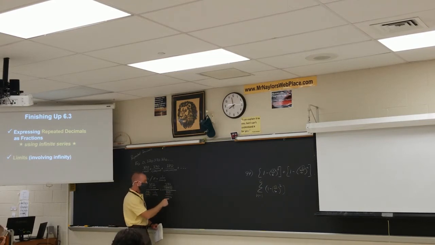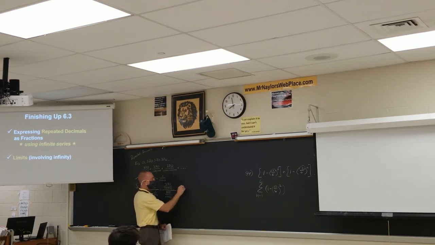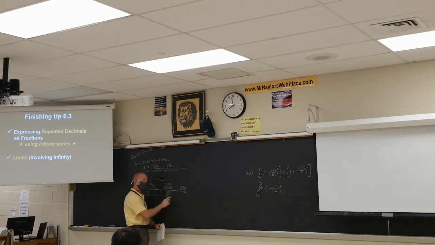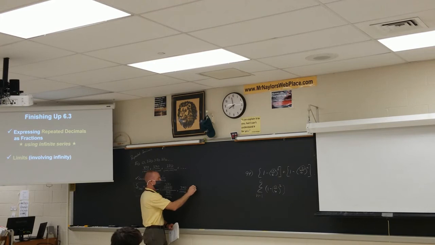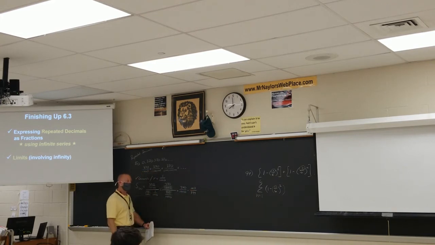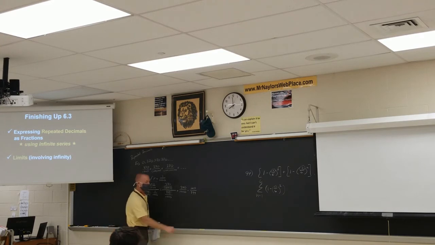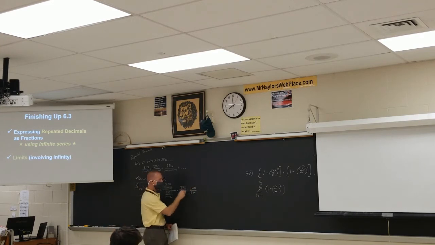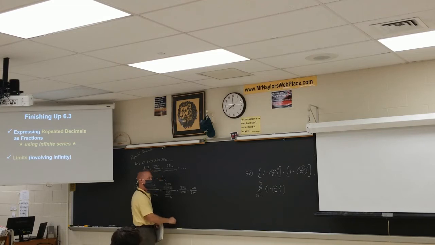Now, if you're dividing by 999 thousandths, that's the same as multiplying by the reciprocal. If I multiply by the reciprocal of 999 thousandths, well, that's convenient, because that gives me these thousands in two nice spots, two spots that are able to cancel.